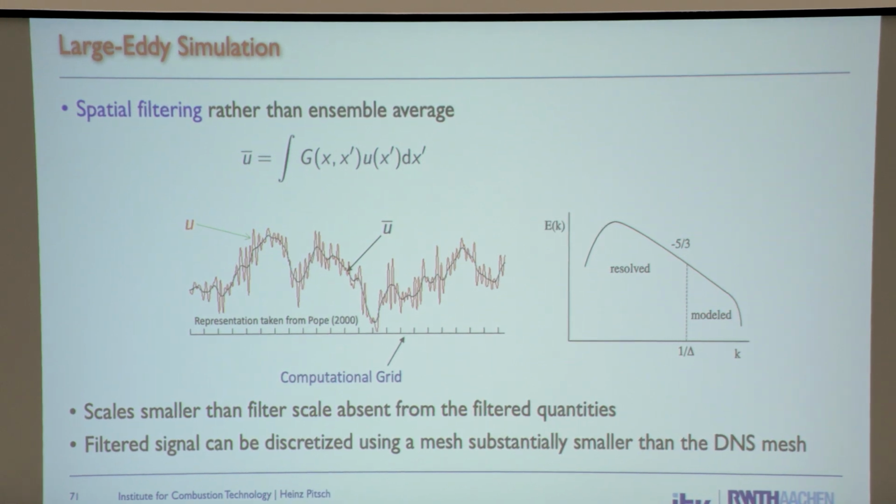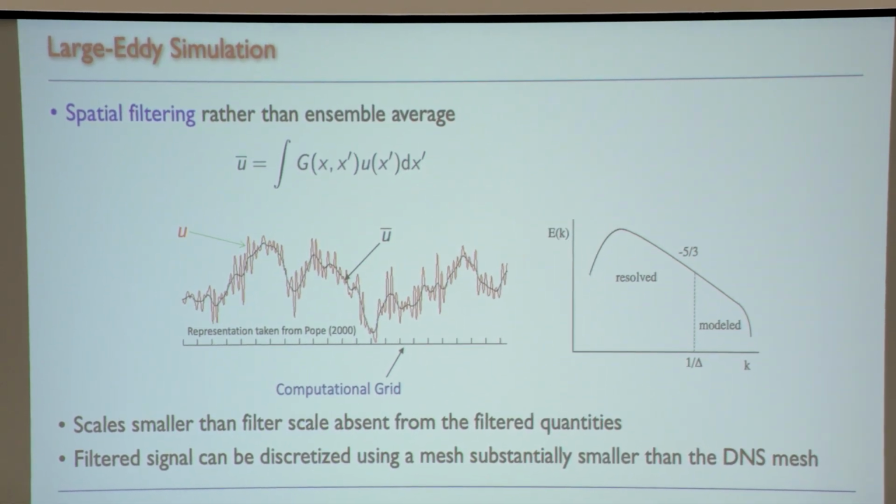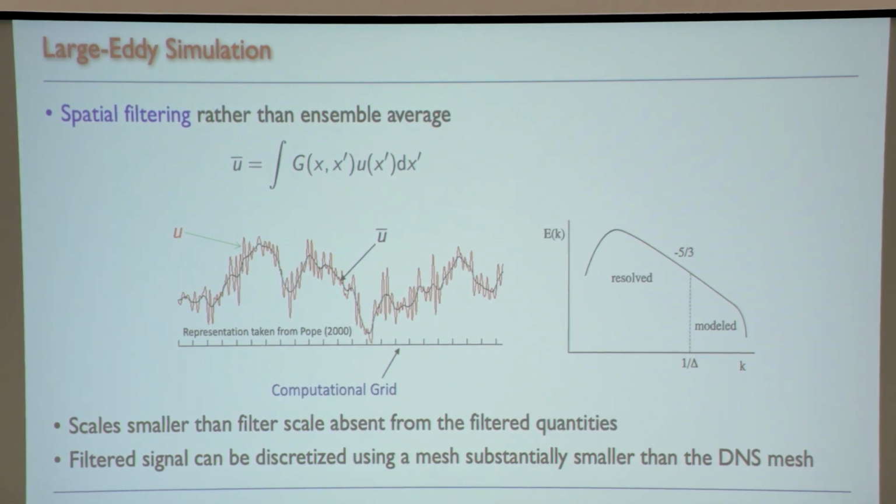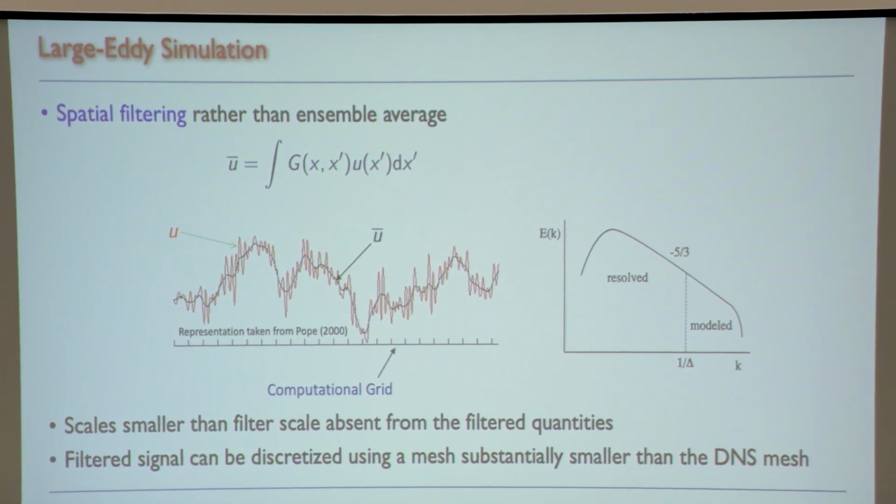It has two big advantages. First of all, we said earlier that all the energy of a turbulent flow is in the large scales. This is a logarithmic plot, and so the small scales have very, very little energy. They don't contribute much to mixing on the bigger scale. So if the large scales are resolved, it should be more accurate for predicting mixing.